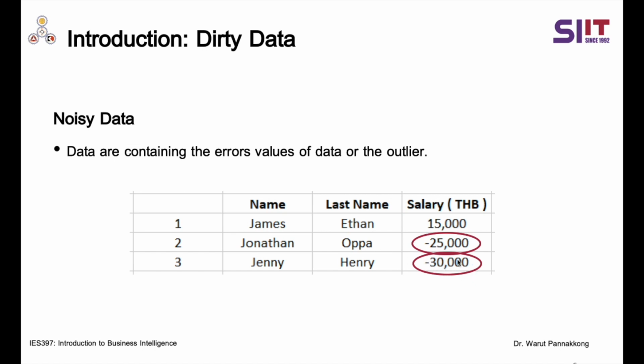It's in a way considered an outlier, because when you plot the graph, it's going to be somewhere not in the range of the other data. And this is also invalid, it's out of the range of possible values.